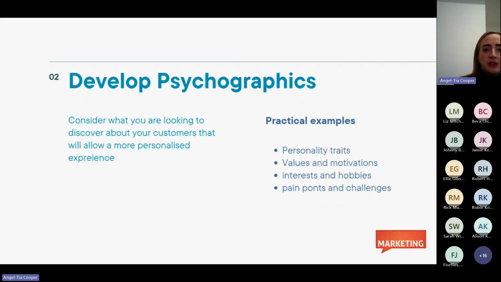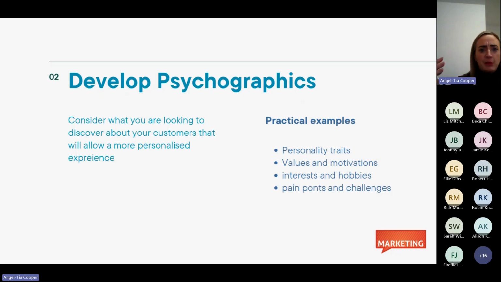You can also look at things like psychographics. So these are personality traits, values and motivations. This is something that we're seeing more and more, and I'm sure as recruiters yourself, you're talking with your clients about things like culture matching and aligning values.